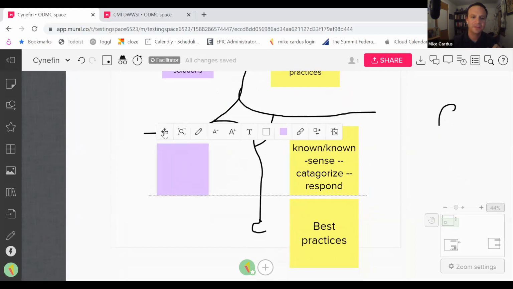Here in this lower domain, we have what's called chaos. And chaos is like when things all of a sudden blow up, so things are falling apart. So in chaos, we act rapidly. We sense what's going on from the action, and we respond to what we're sensing.